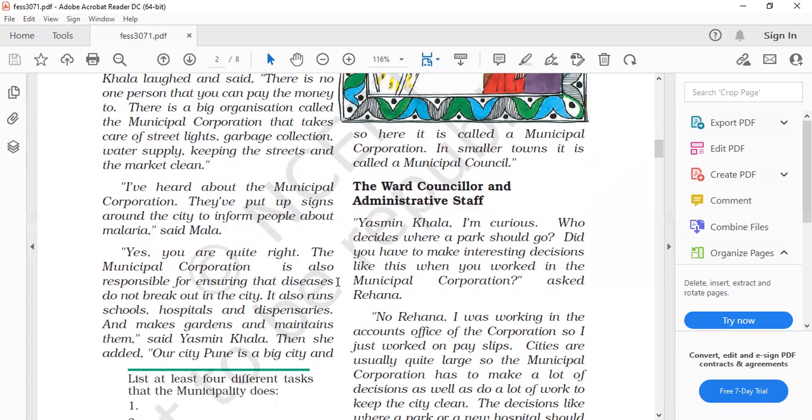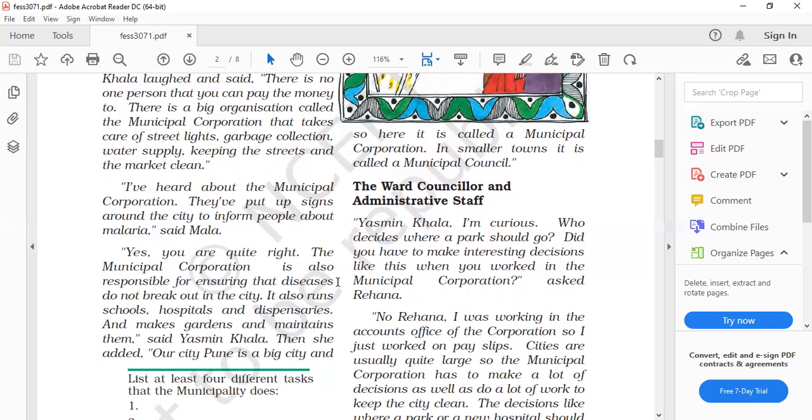It takes on several tasks such as: first, care of street lights; second, garbage collection; third, water supply; fourth, keeping the streets and markets clean; fifth, running schools, hospitals and dispensaries; and sixth, making gardens and maintaining them.